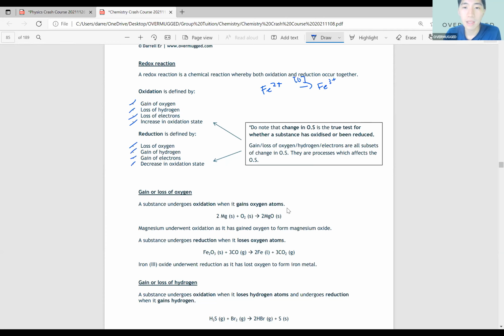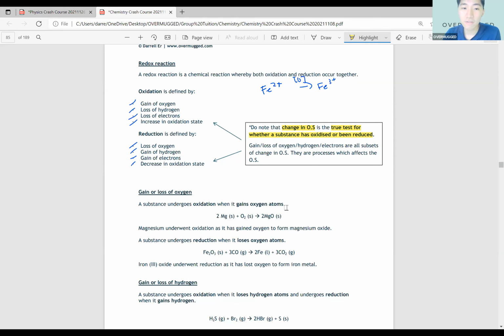All right. But if there's one thing I want you to learn from this lesson, it is this. Change in oxidation state is the true test for whether a substance has been oxidized or reduced. Why do I say this? I think it's important for you to know that gain of oxygen, loss of hydrogen, and loss of electron all help to increase the oxidation state.